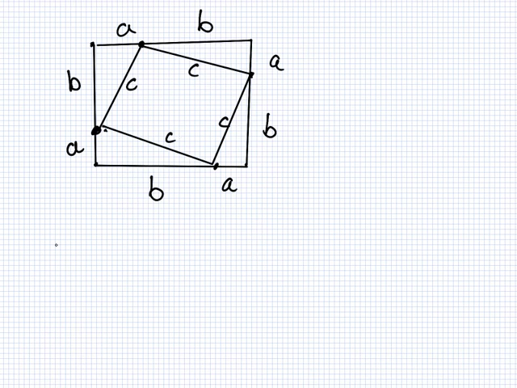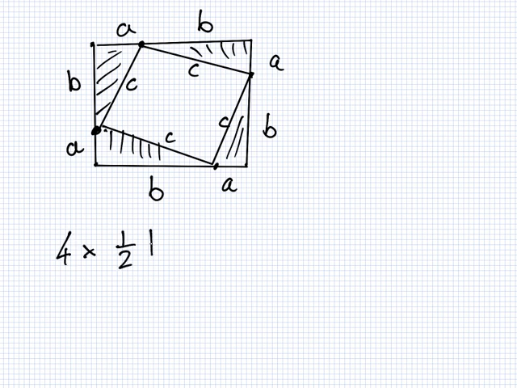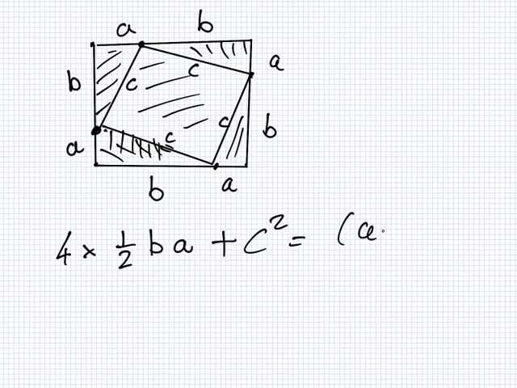Okay, so if you look at this, the area of the 4 triangles, that would be 4 times a half B times A, a half A times B, plus the area of the square, that should equal the area of the whole thing, A plus B, squared.